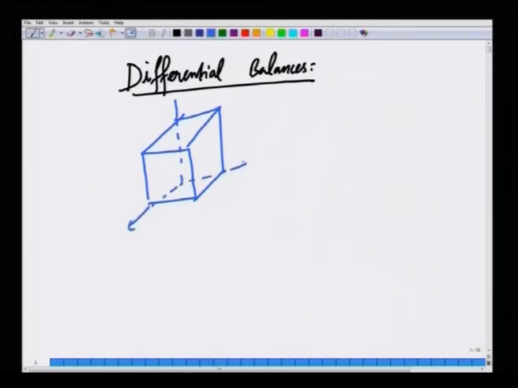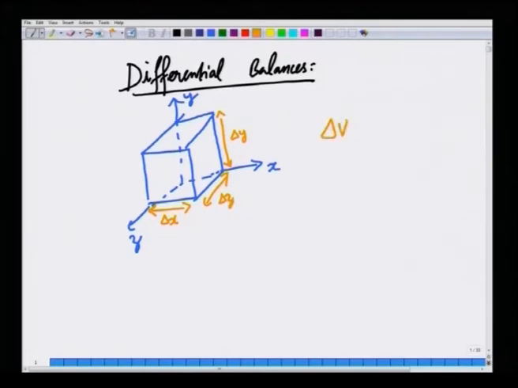So, you have 3 Cartesian directions, x, y and z, 3 orthogonal directions, and the distances along the 3 directions are delta x, delta y and delta z.